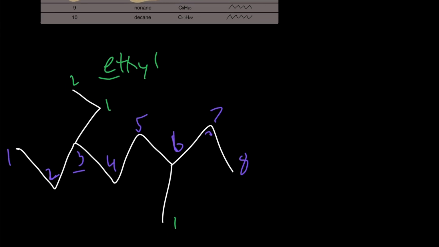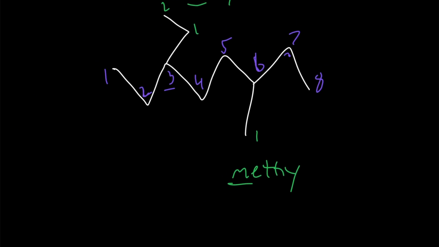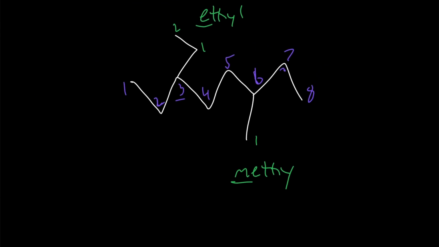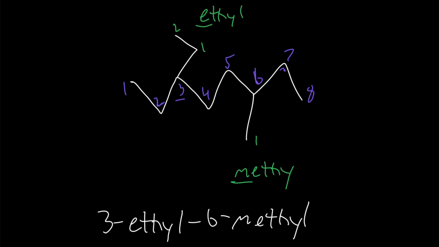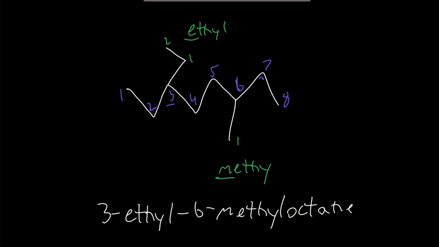So we're ready to name this. We got all the information we need. So this is going to be 3-ethyl, and then 6-methyl, and then octane. So this is 3-ethyl-6-methyloctane.